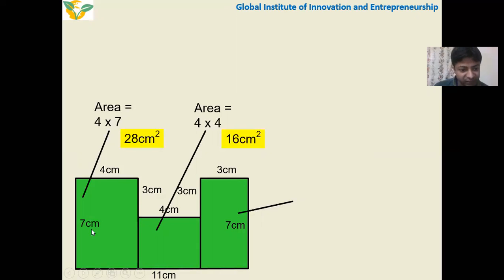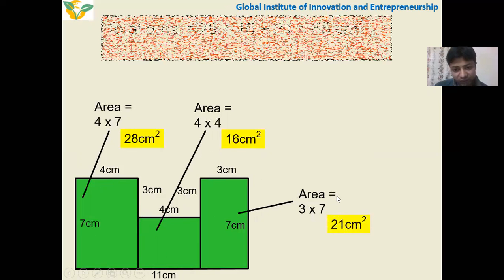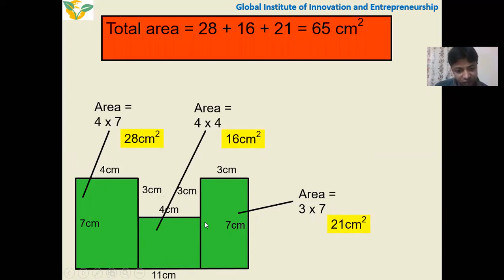So this area will be 7 into 4, which is 28 centimeters square for this rectangle, and this will be a square. Area will be 16 centimeters square for this square, and this is again a rectangle, and the area will be 3 into 7, which is 21 centimeters square. Okay, so by adding the areas of these units, you will get the total area, which is 65 centimeters square.